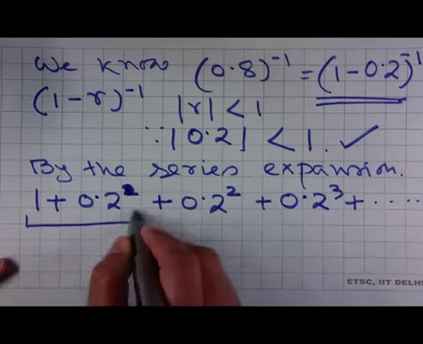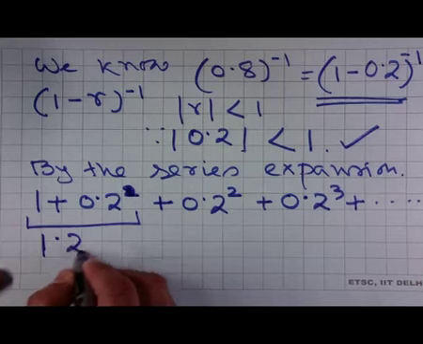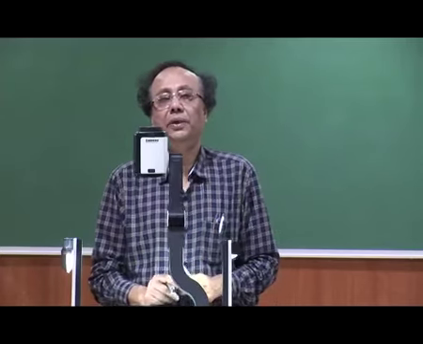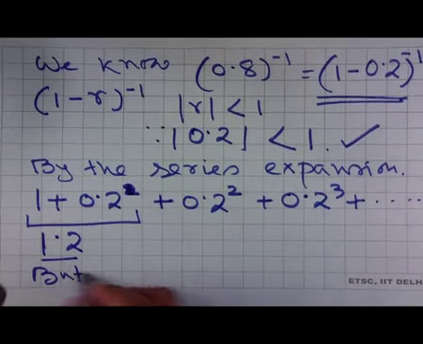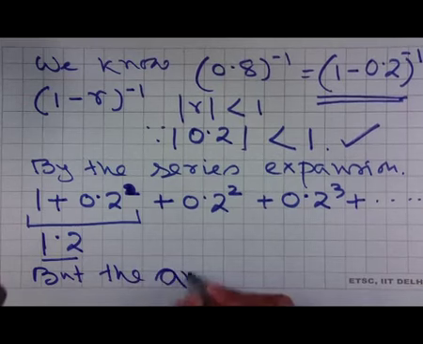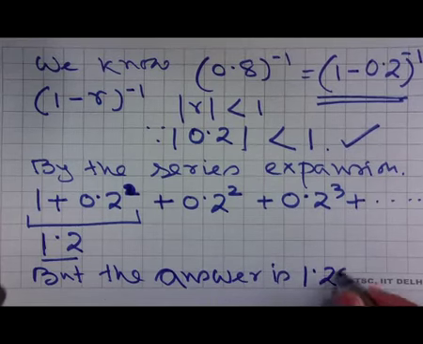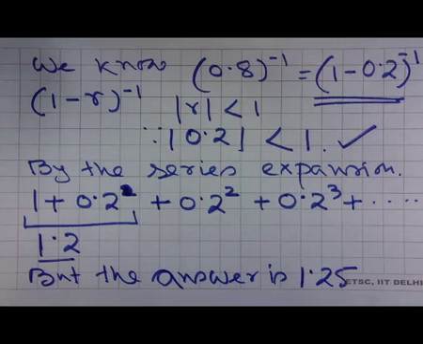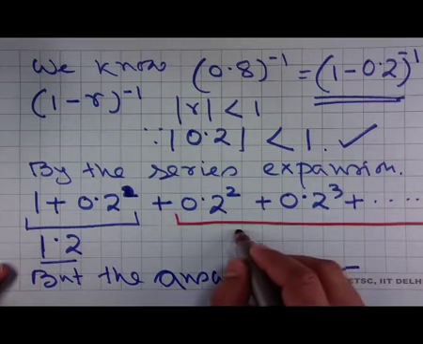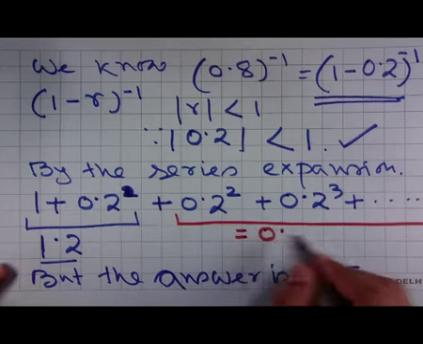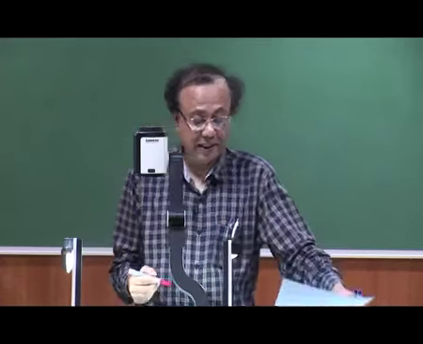If we consider the first two terms, we have already got 1.2, but we know the answer is 1.25. So, our target is to show whether this remaining sum is equal to 0.05 or not. So, what is this sum?